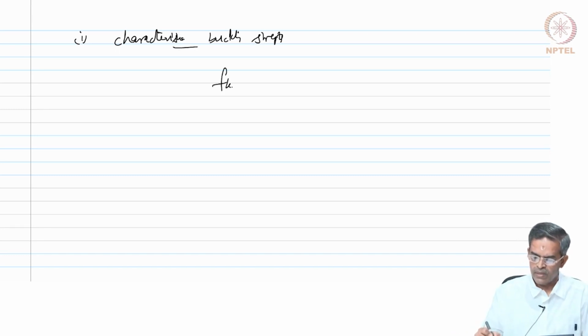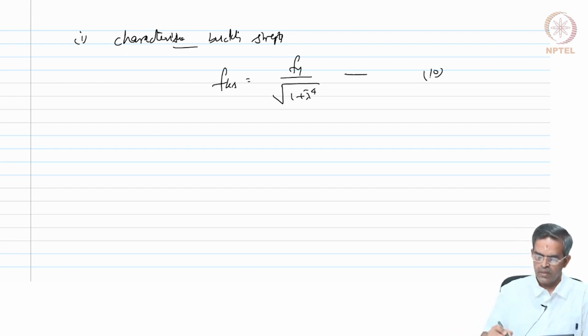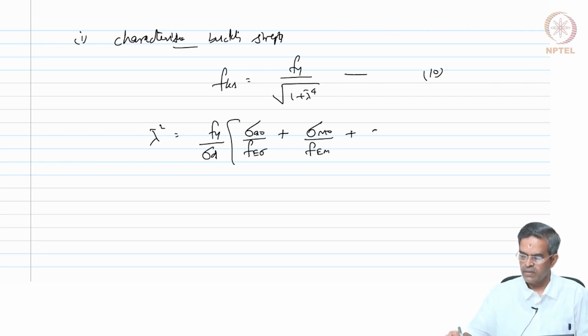Fks is given by Fy by root of 1 plus lambda to the power 4, we call this equation number 10, and we know lambda bar square is given by Fy by sigma d of sigma AO by Fe sigma plus sigma MO by Fem plus sigma HO by FEH plus tau naught by Fe tau.